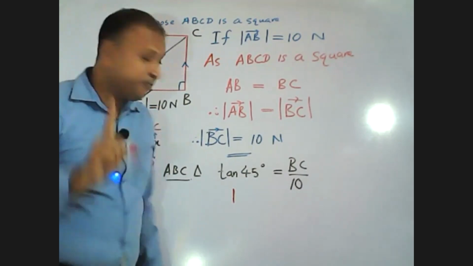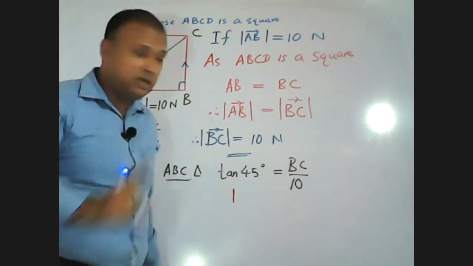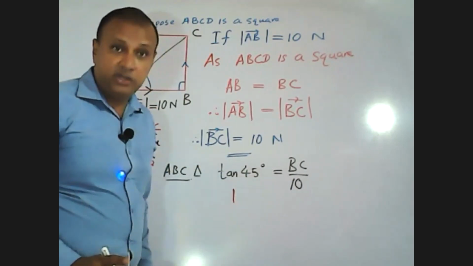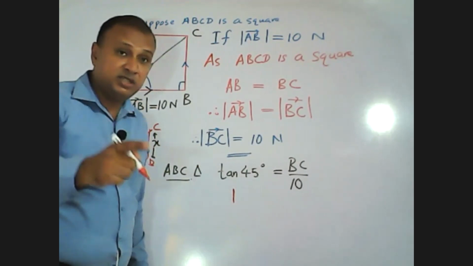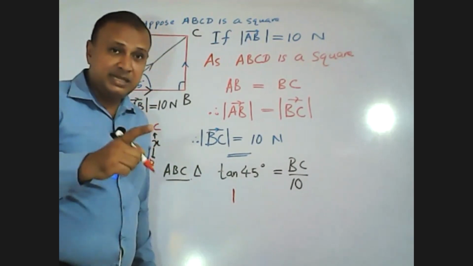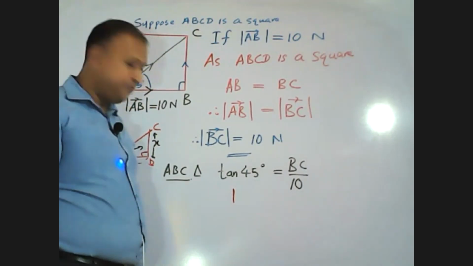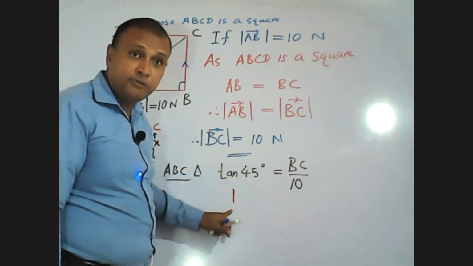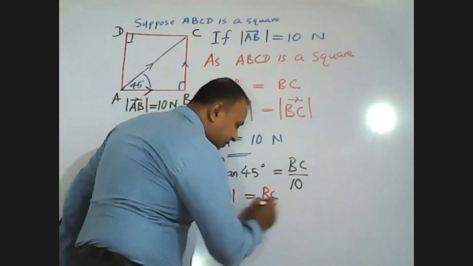Okay, so you should have a clear memory of the trigonometric ratios, especially for 30, 60, 45, such kind of thing. Tan 45 is equal to 1, so 1 is equal to BC over 10.